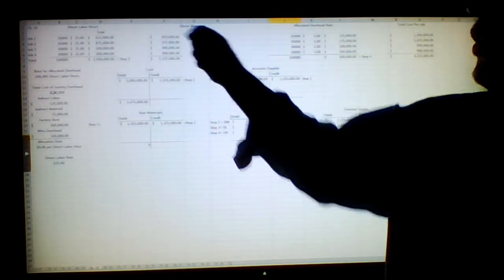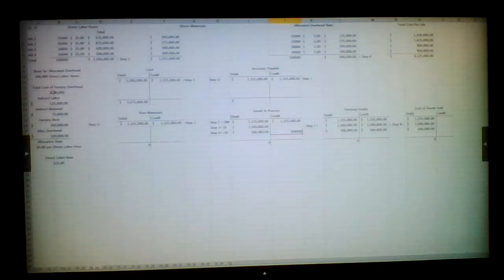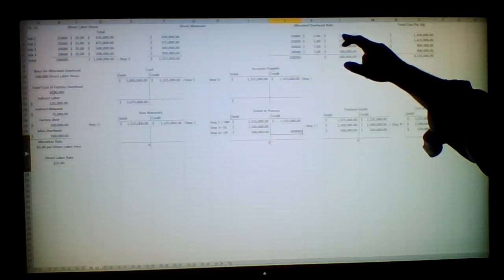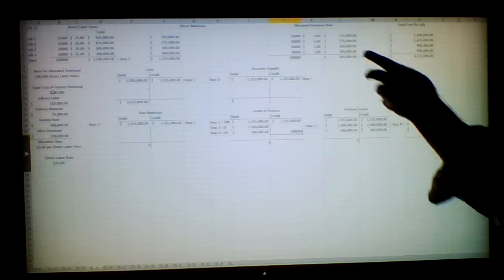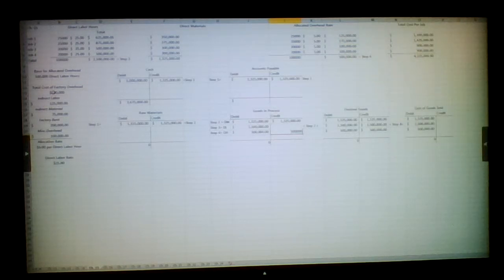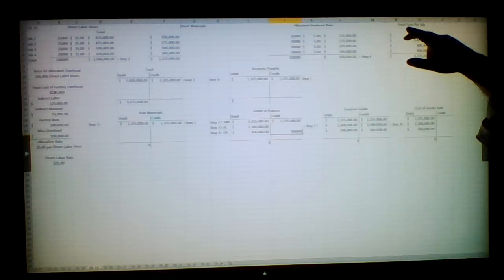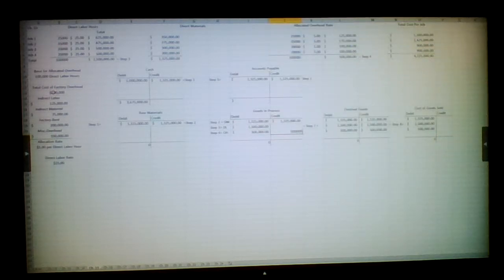Direct materials, $350,000 for that job. Allocated overhead, 25,000 hours at $5 gives us an allocation of $125,000 to that job. So the total cost for job 1 would be $1,100,000.